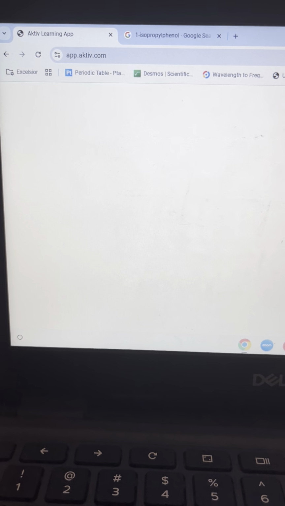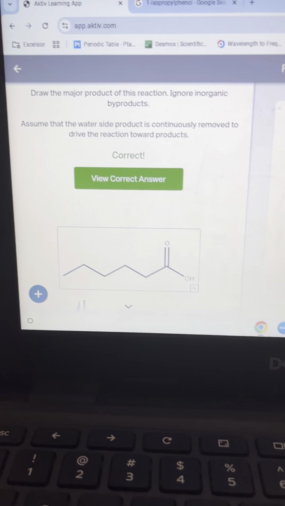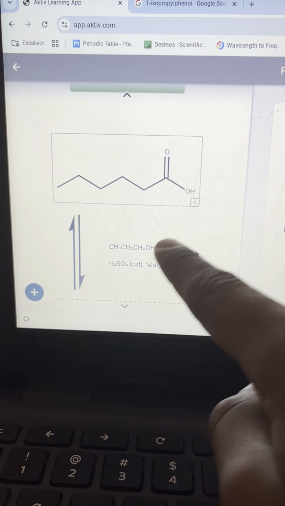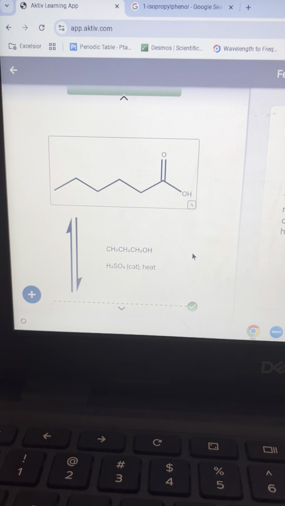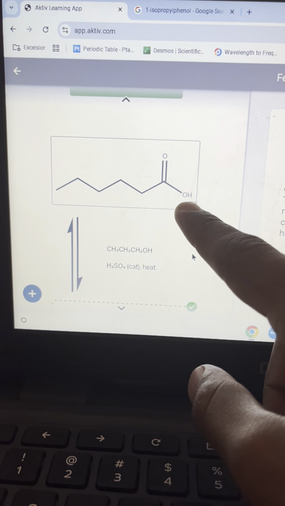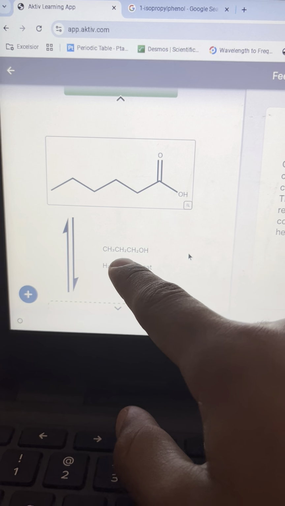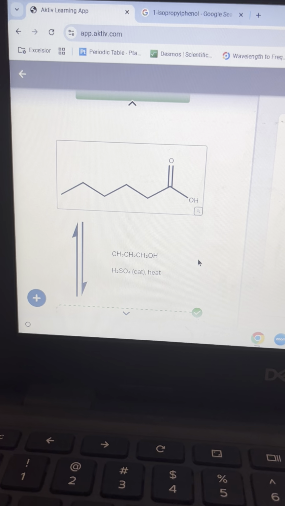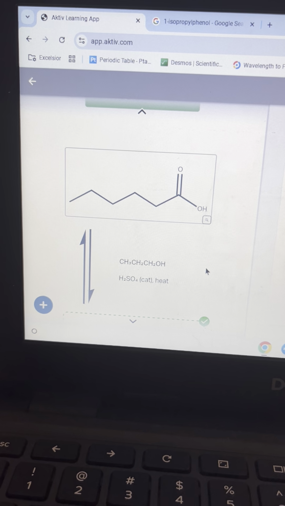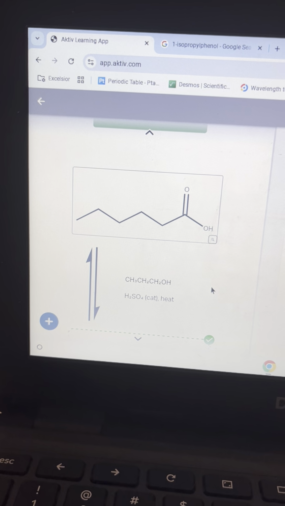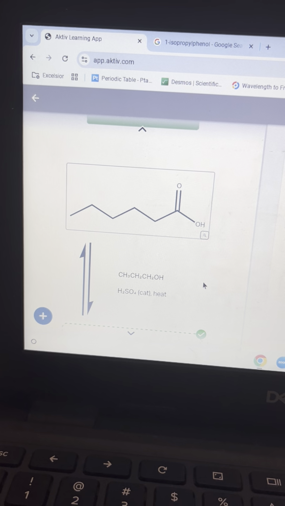Okay, we're going to keep going. Yet again, we have esterification here, because you see the alcohol, you see the carboxylic acid. So we're going to take this carboxylic acid. We have 1, 2, 3. So that tells us that this is propyl, because three carbons is propyl.